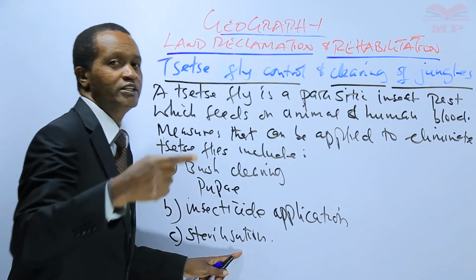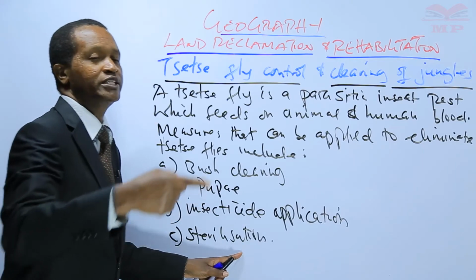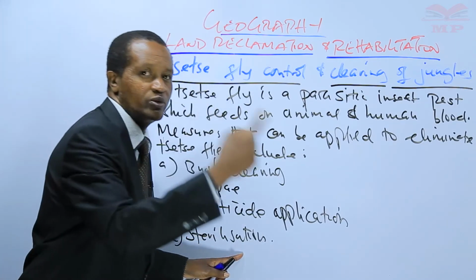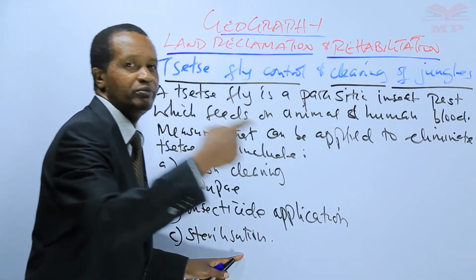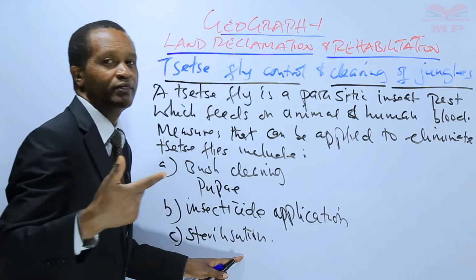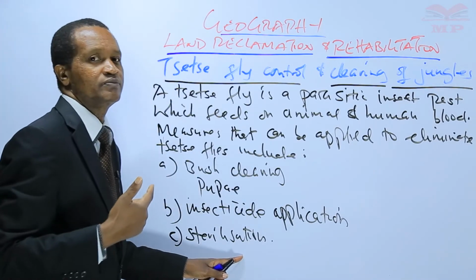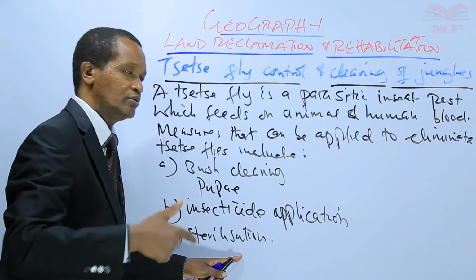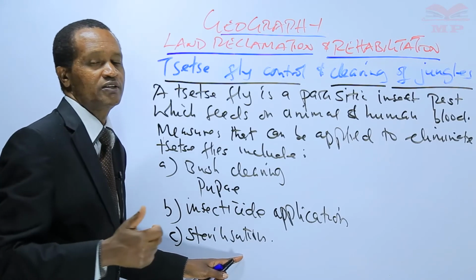And we are saying here that laboratory-bred males can be sterilized and released into the wild. So when these males mate with the female tsetse flies, no offsprings are produced because fertilization does not take place. And because of that, there is reduction in tsetse flies.